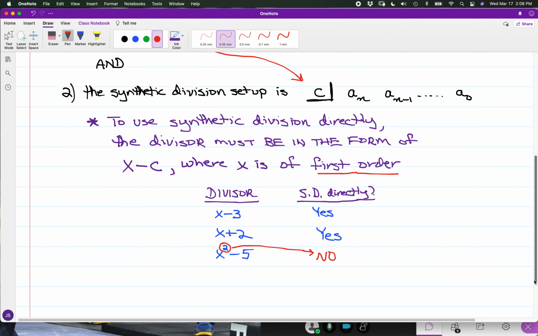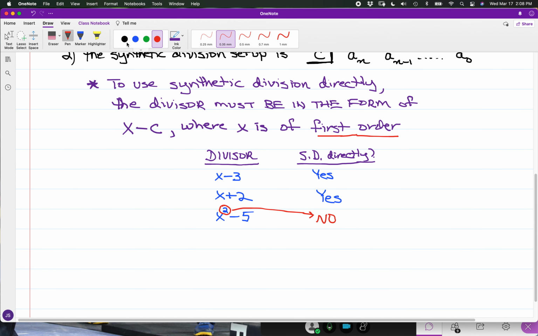Now, for what we have regarding polynomial division, we'll start out looking at it through the perspective of using long and synthetic division. Let's say that I have 7x to the 4th plus 2x squared plus 1 divided by x minus 1.